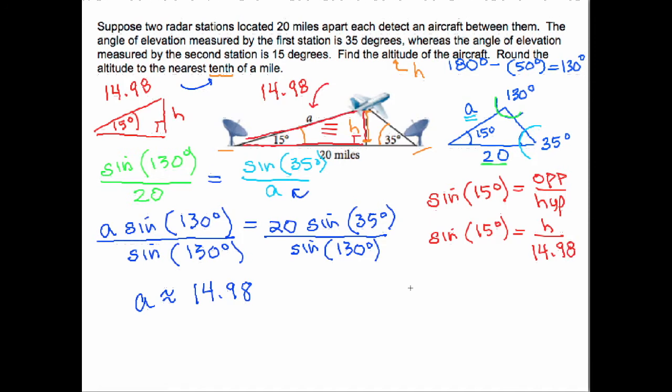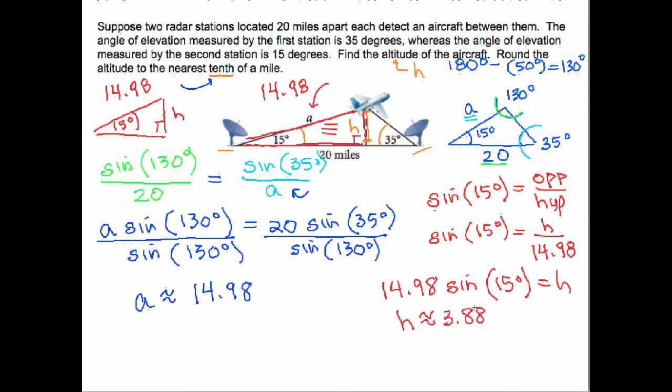I'll multiply through by the common denominator, and I have 14.98 times the sine of 15 degrees. This is what h is equal to exactly. Rounding to the nearest hundredth, I find h to be approximately equal to 3.88.